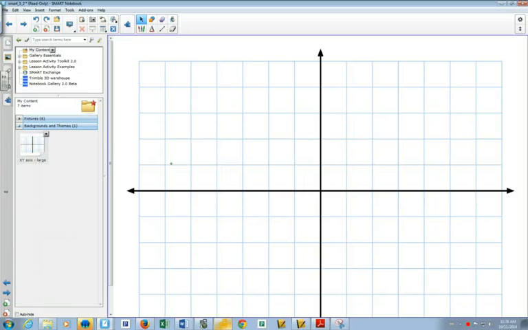Okay. The equation that we had was y is less than or equal to 3/4 x plus 7.5. 1, 2, 3, 4, 5. I don't like this graph paper.